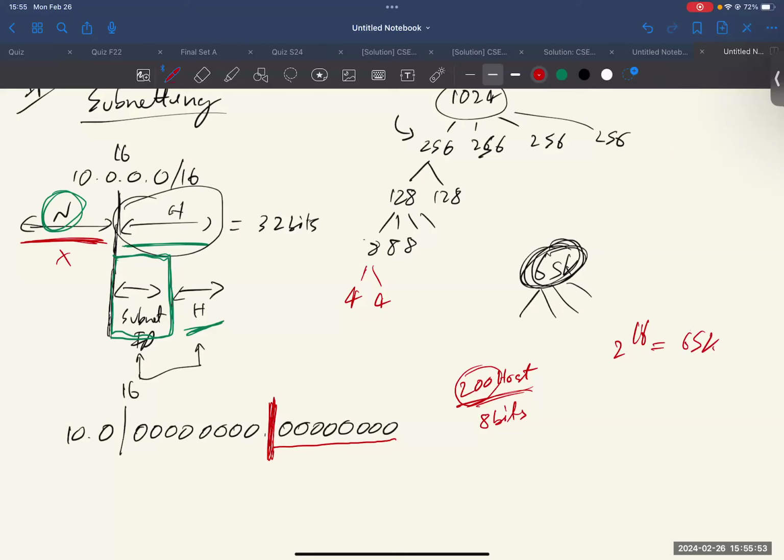So my main network, this whole network, used to support 2 to the power 16 IP addresses, right? So 2 to the power 16 equals 65K. But my requirement is only 200 hosts, not 65,000.